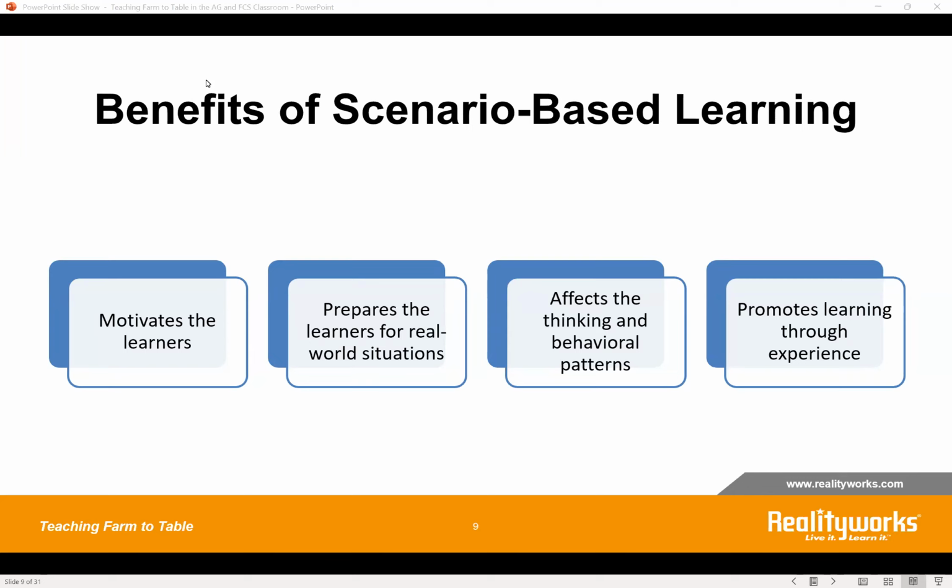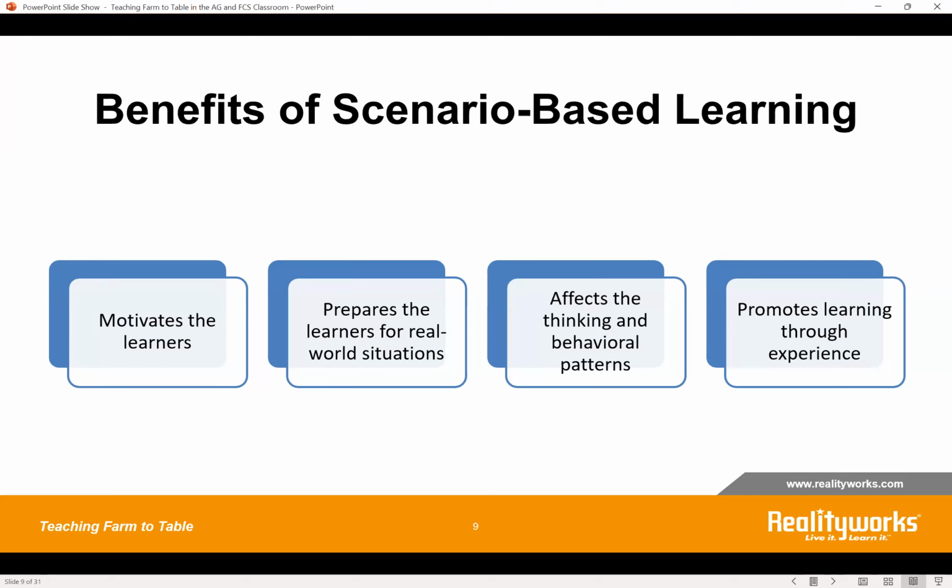The last one then is it promotes learning through experience. Scenario-based learning provides fundamental and relative knowledge for the learner. It generates essential skills like problem solving, critical thinking, teamwork, and communicating. So it helps them really engage in all of these through real world or real life scenario-based learning.